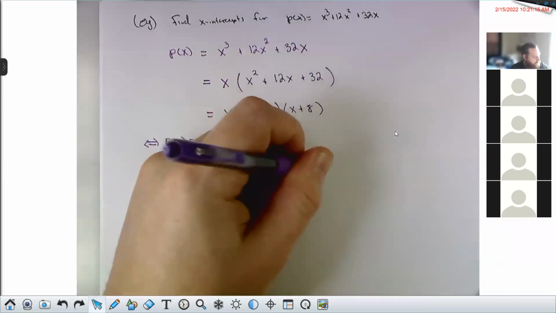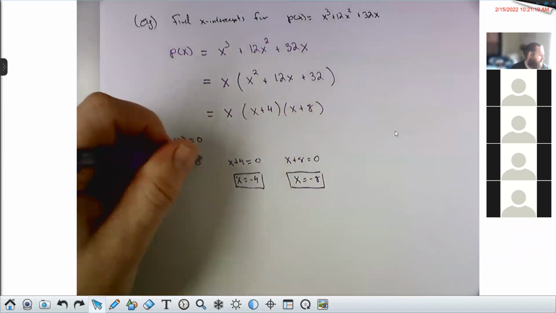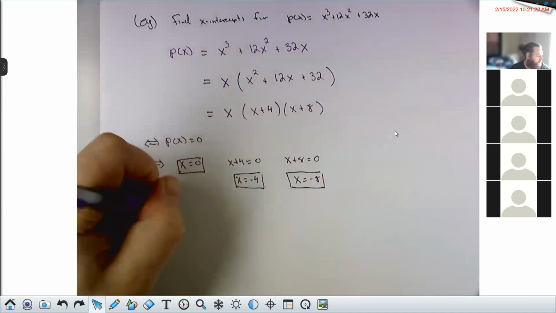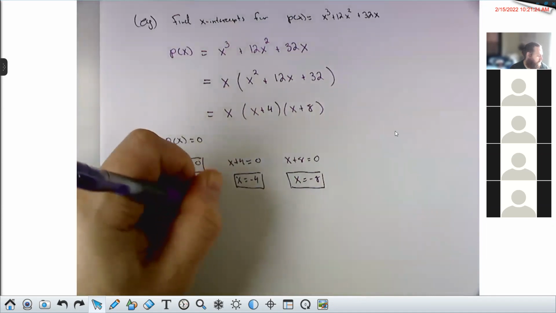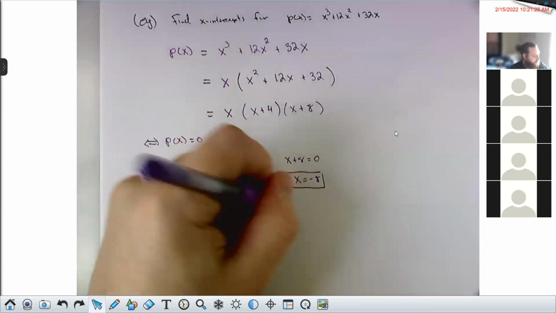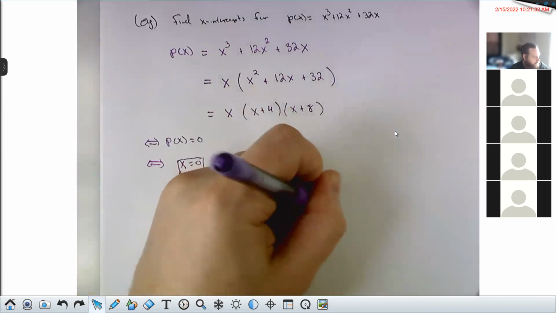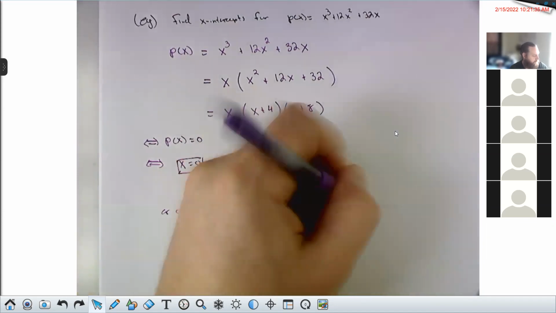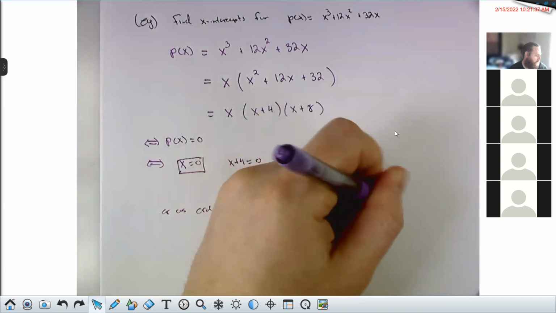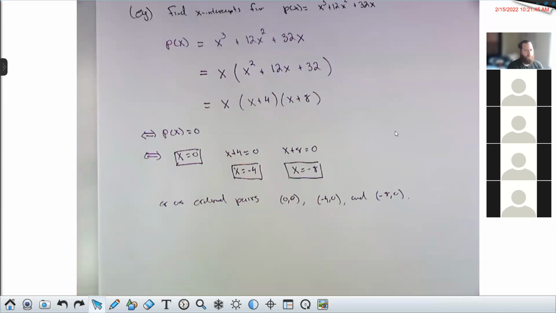So those are your x-intercepts. Or if you want them as ordered pairs, that would be 0, 0, negative 4, 0, and negative 8, 0. Okay. So nothing too crazy, probably stuff you've seen in one flavor or another in the past.